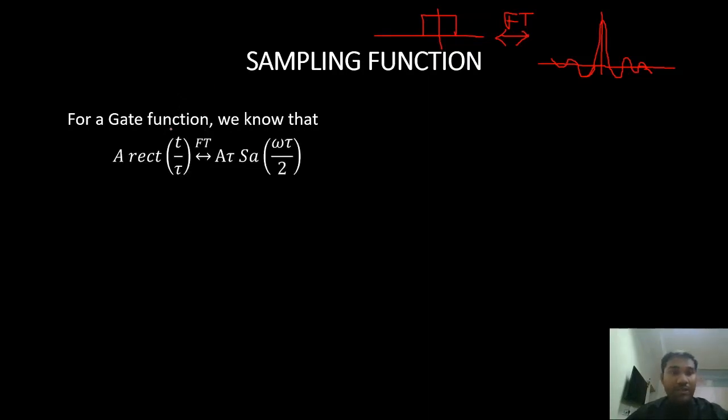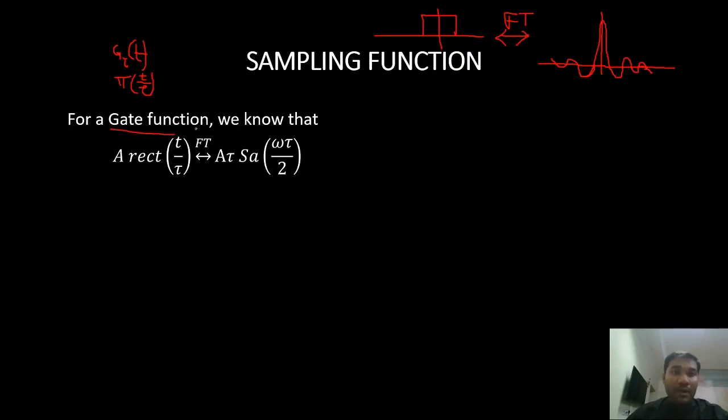You can denote it in either way: you can call it g tau of t, or you can call it rectangle t by tau, or you can also call it pi of t by tau. These are all the notations for the gate function.